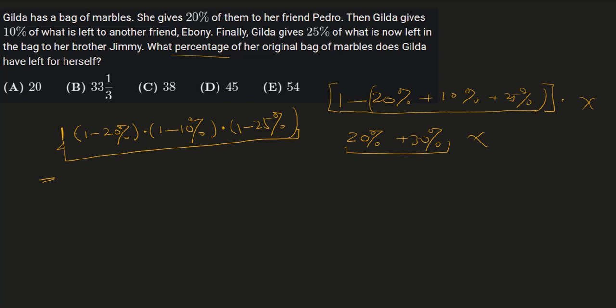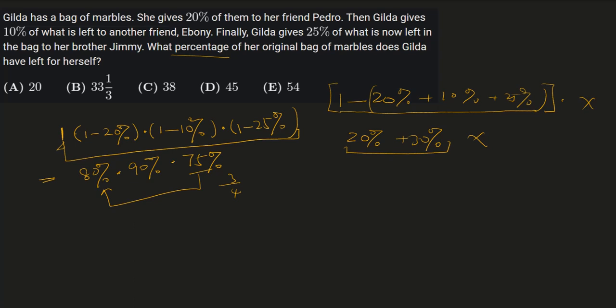So the first one is 80% times the second term, 90%, times 75%. Good. Then what should we do now? We can certainly do the multiplication from left to right. When I do this problem, I prefer to look at these numbers carefully, and then I realize that if we combine these two, that will simplify the calculation. 75% is 3/4, and this is 80%.